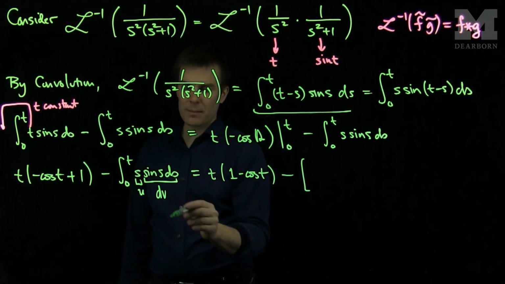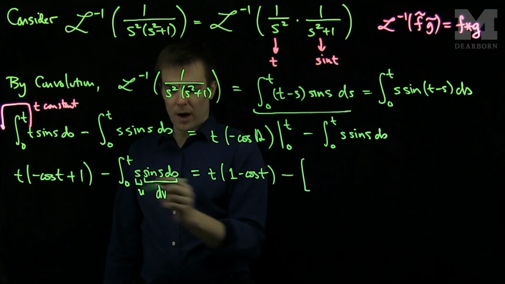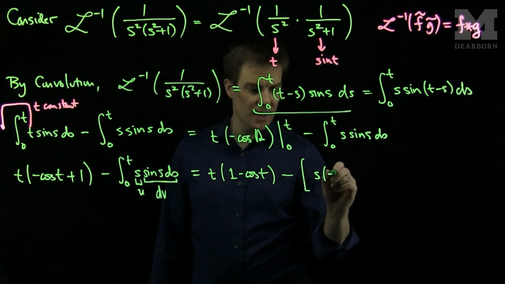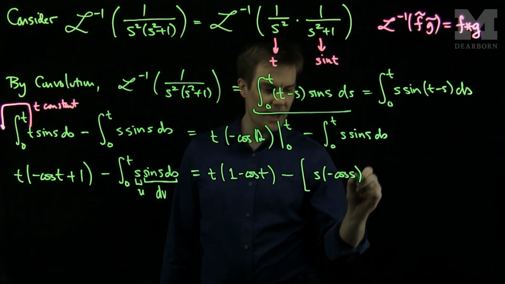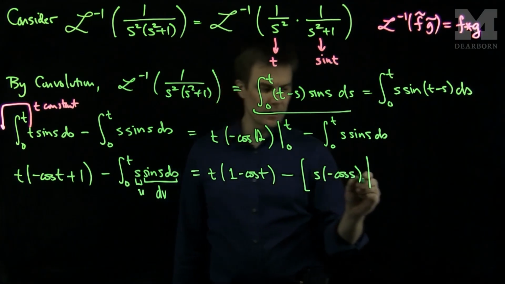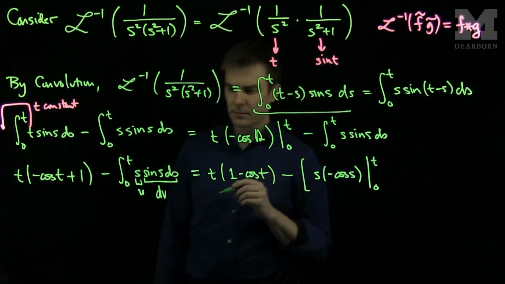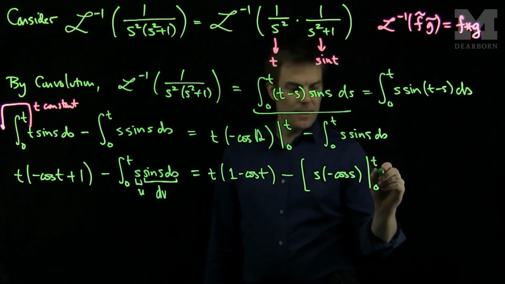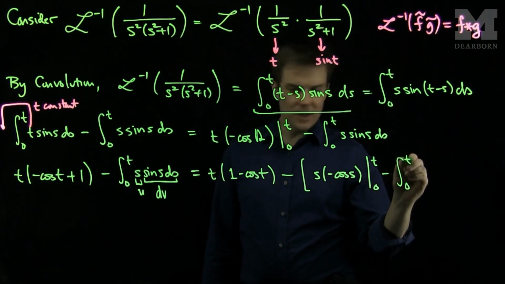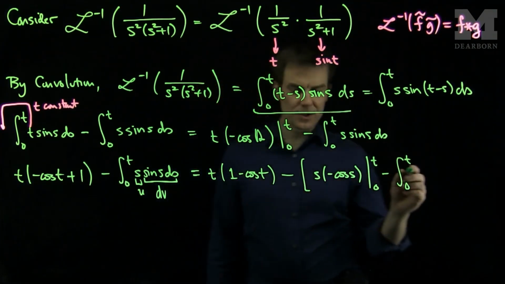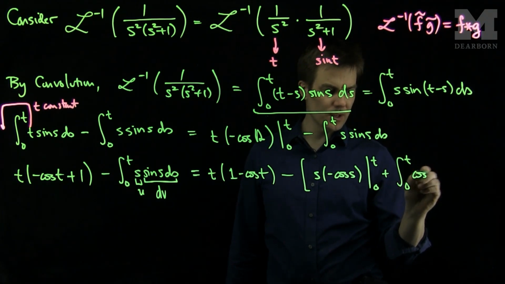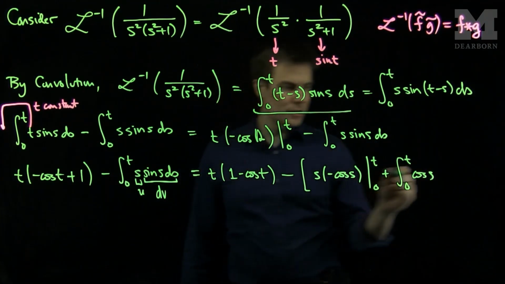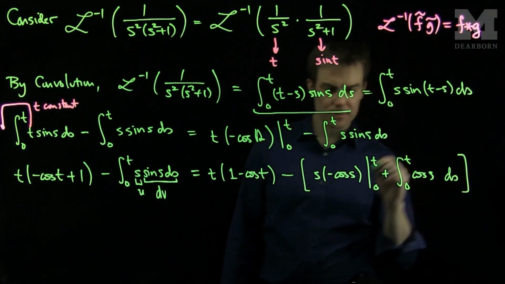So I'll have u times v, so I will have s times negative cosine of s from 0 to t, and then minus the integral from 0 to t of v, which is negative cosine, so that will turn into a positive cosine of s, du, which is just ds.